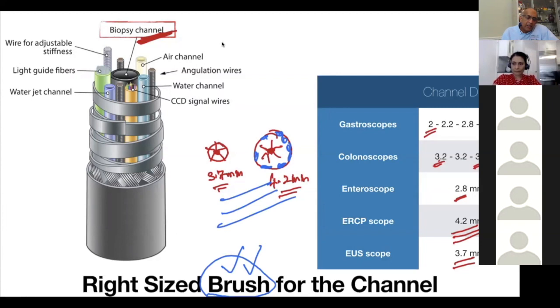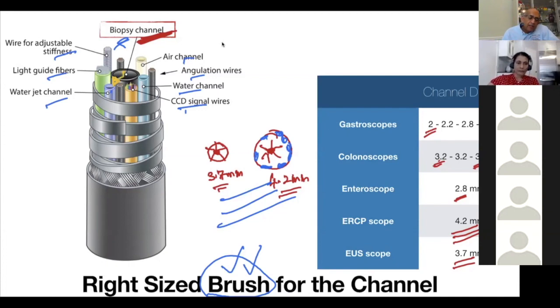So the next thing is, as you can see here, you can see the scope, you can see the biopsy channel, and you have a water jet channel, CCD signal channel. There are a lot of other things surrounding the biopsy channel. Say, for example, there is a leak from the biopsy channel, and you do not do a proper leak test.